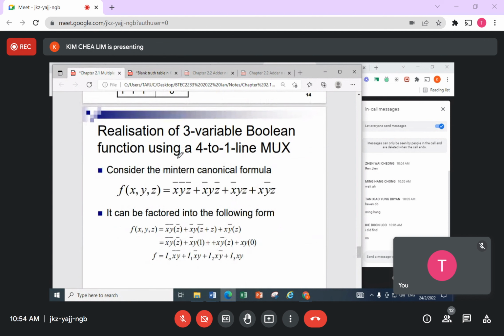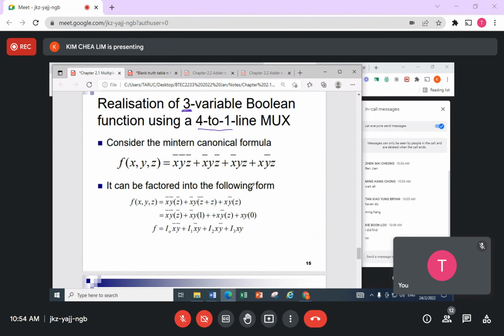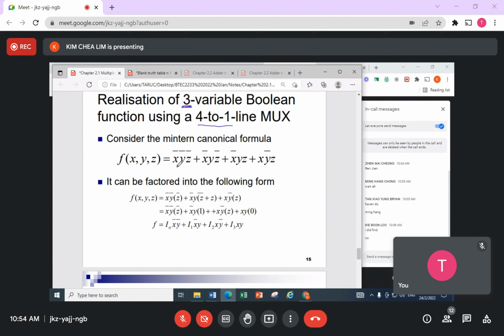Here I'm going to use a 4-to-1 multiplexer to implement the XYZ function from earlier. The min-term is written in this form, and I will show you how I got this. Then you are going to find that I can factorize these expressions.